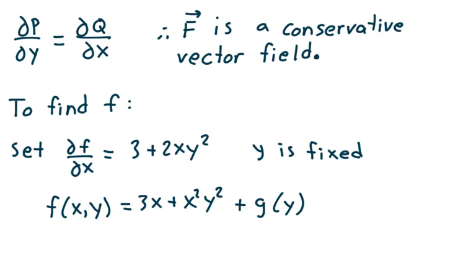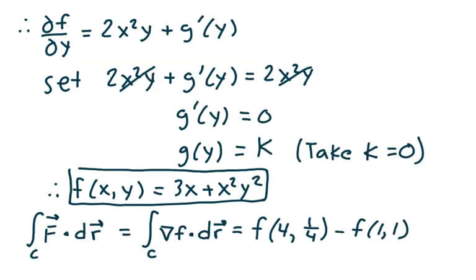So f of x, y is equal to 3x plus x squared y squared plus g of y. So g of y is like my constant, okay? Now, what I'm going to do is take the partial of f with respect to y. That's equal to 2x squared y plus g prime of y.